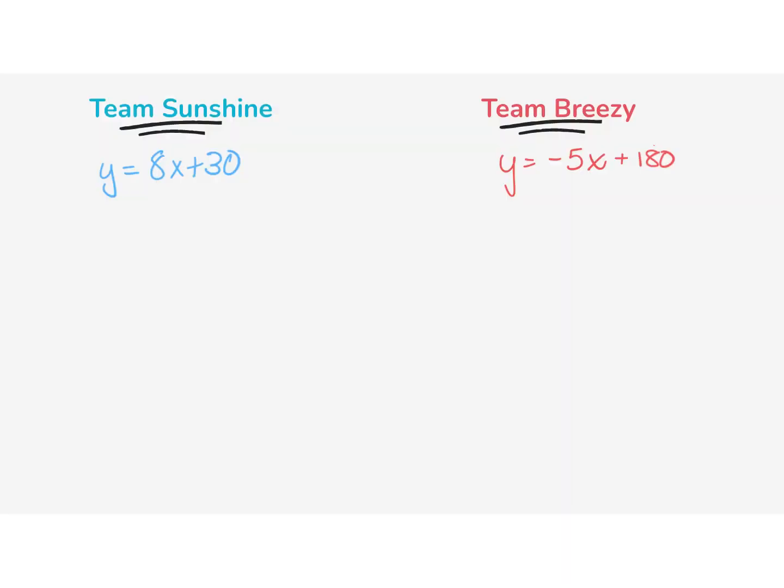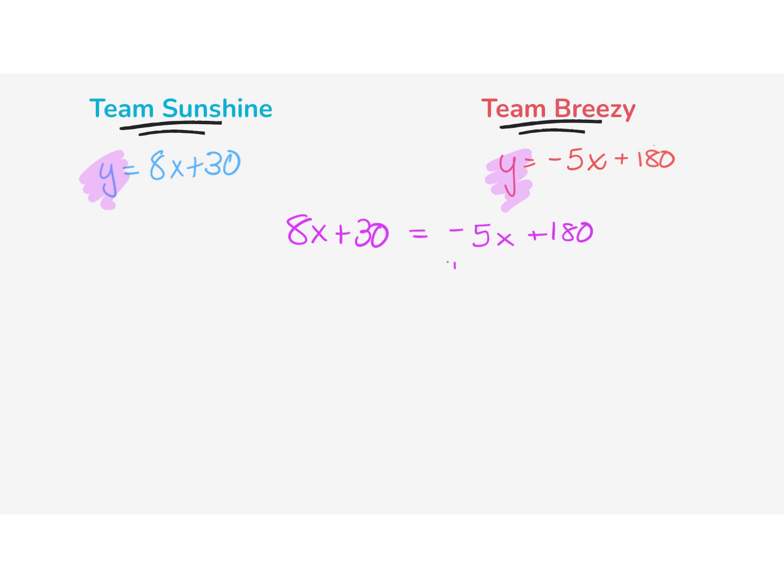Okay, so here are our two equations, and because both of them are equal to y, they can be equal to each other. So we are going to write a new equation and solve that for x. So we have 8x plus 30 is equal to minus 5x plus 180.